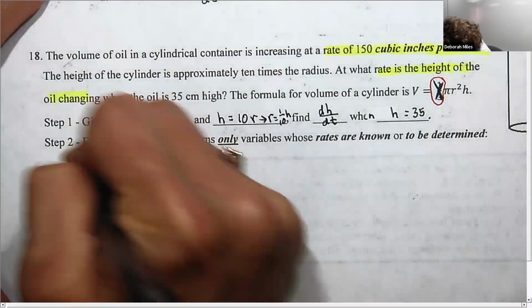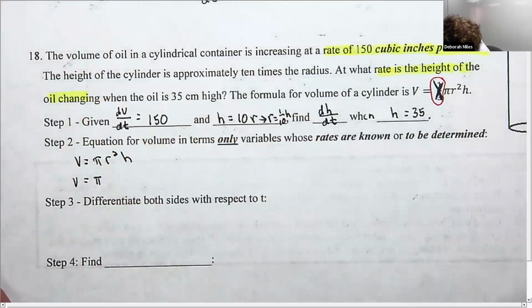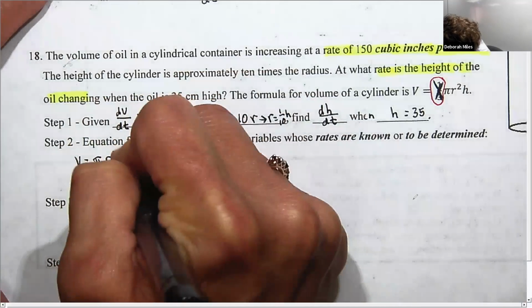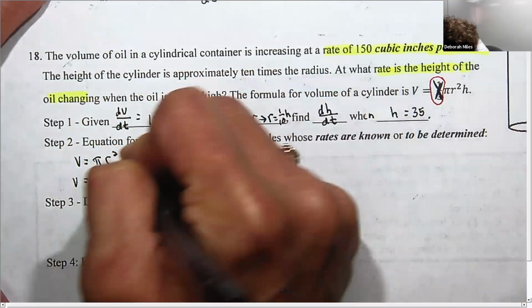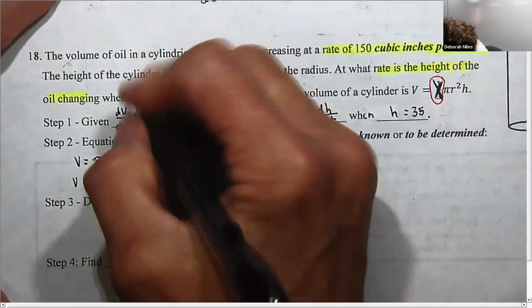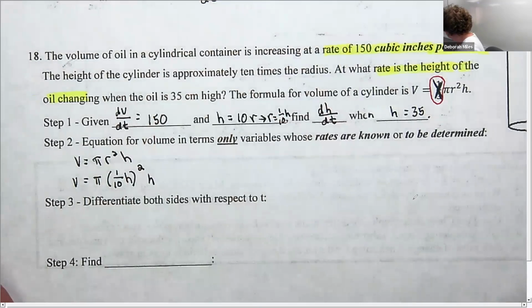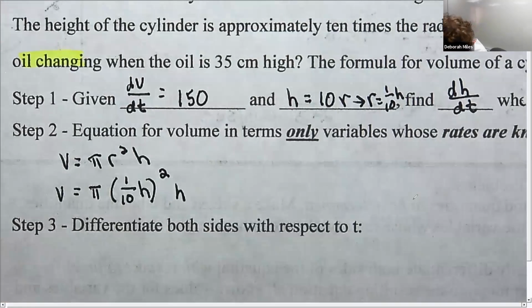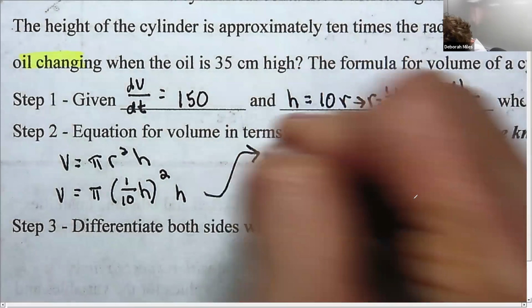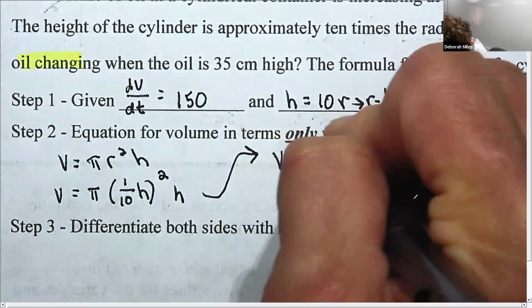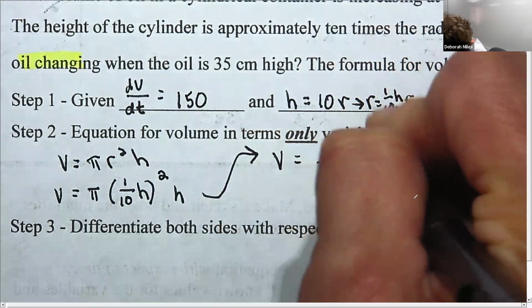So V equals pi times 1/10 H, squared, because R is squared, times the other H. So now my equation only has two variables in it. I would clean that up a bit before I differentiated. I would say that's V equals 1/100th pi H cubed.